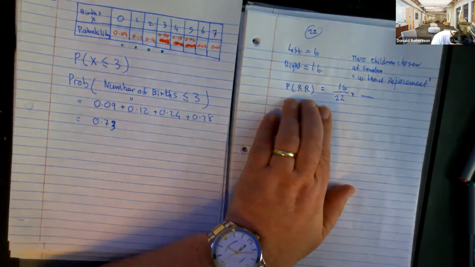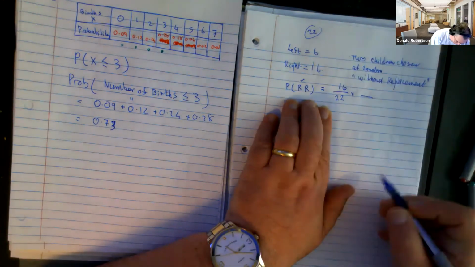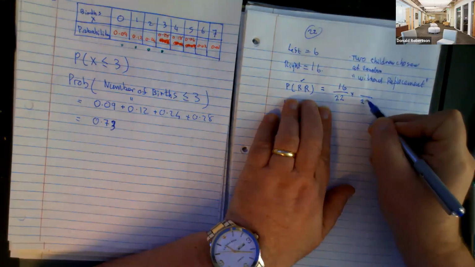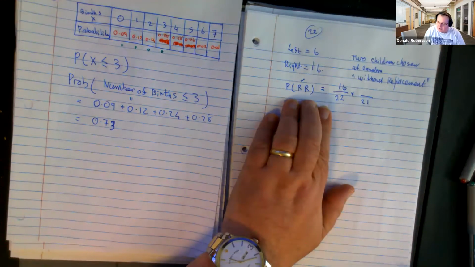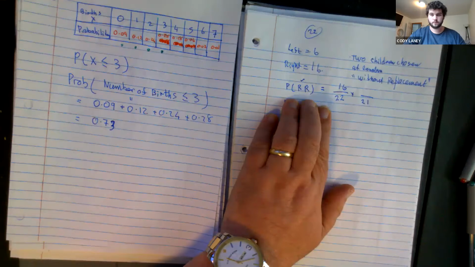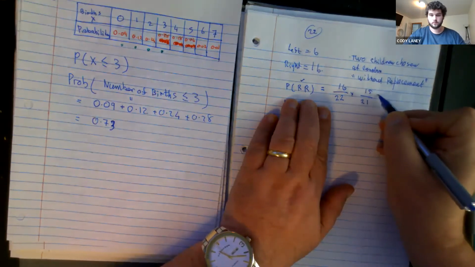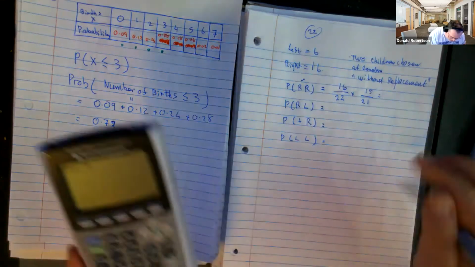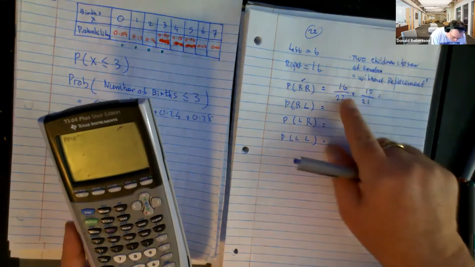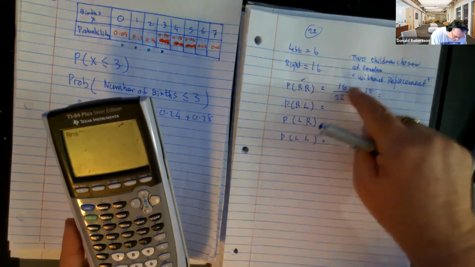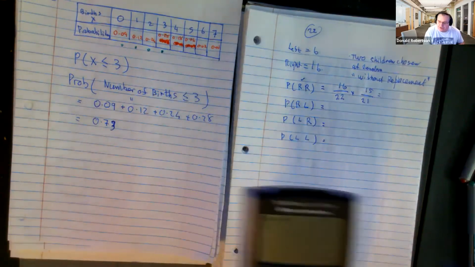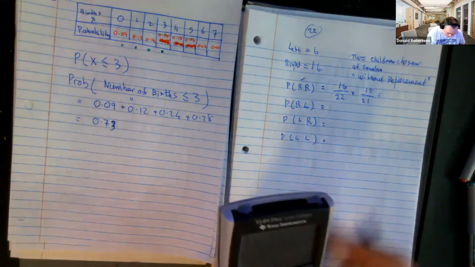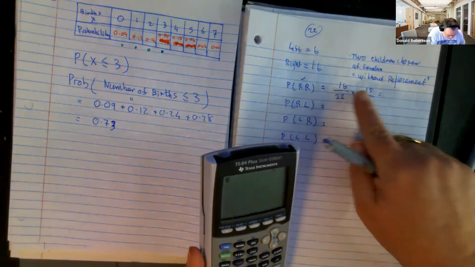Now, the first child is right-handed. There's only 21 kids left, right? How many of them are right-handed? 15. And that's the guy that represents that probability. Now, if they'd done with replacement, wouldn't it be 16 over 22 times 16 over 22, right? The thing wouldn't change. But without replacement, the numbers change.